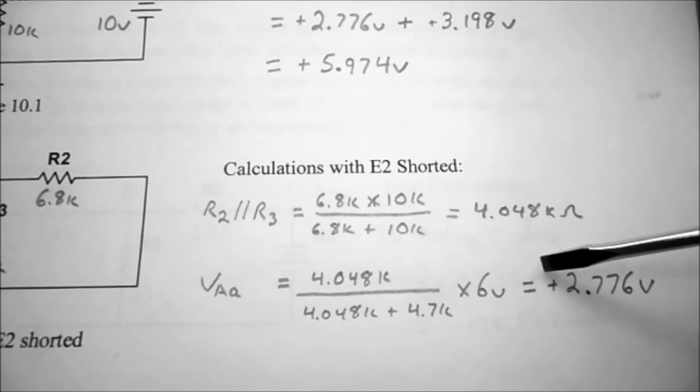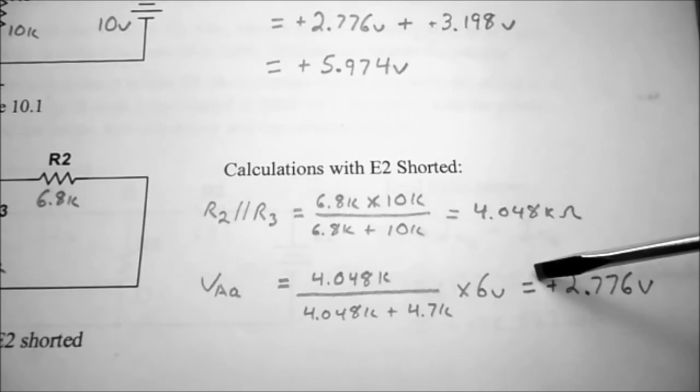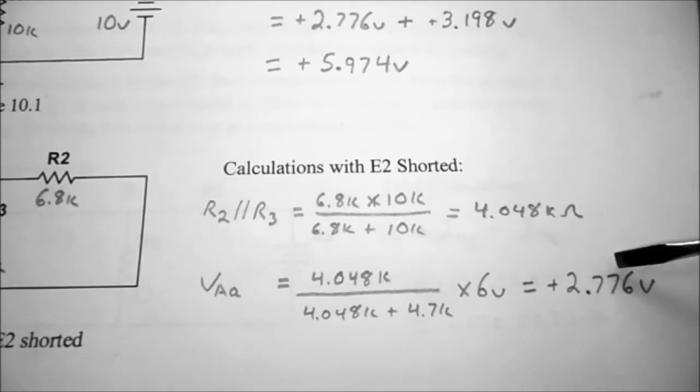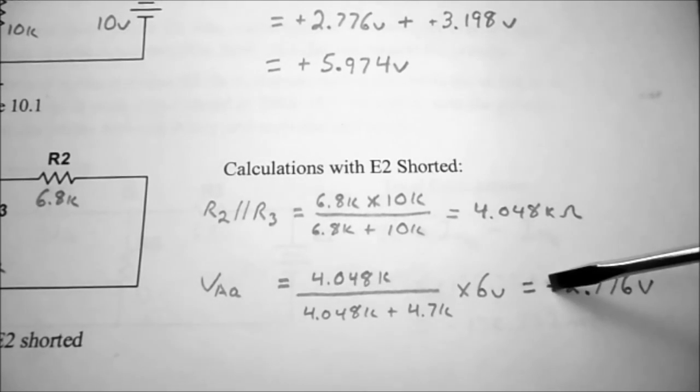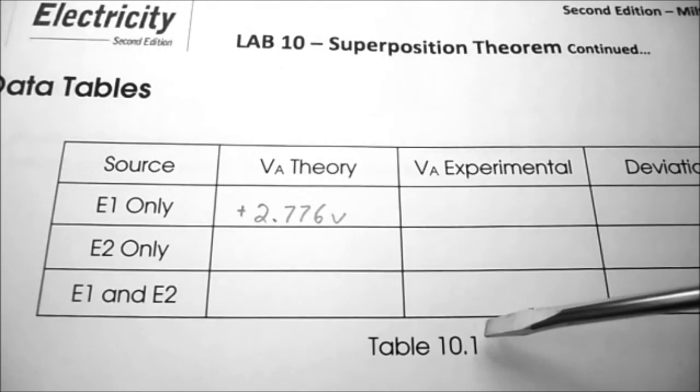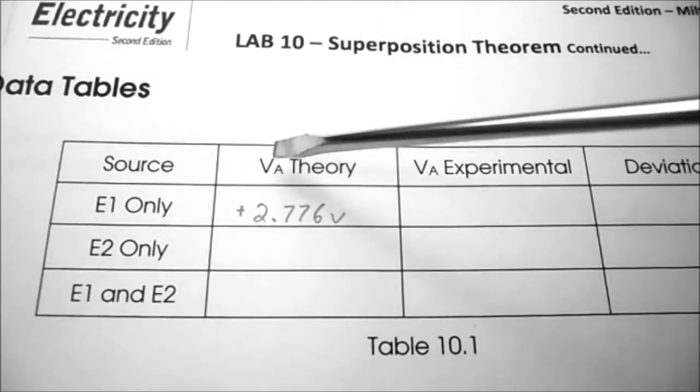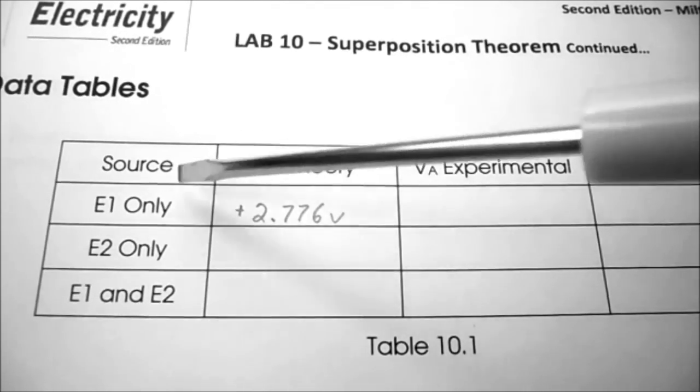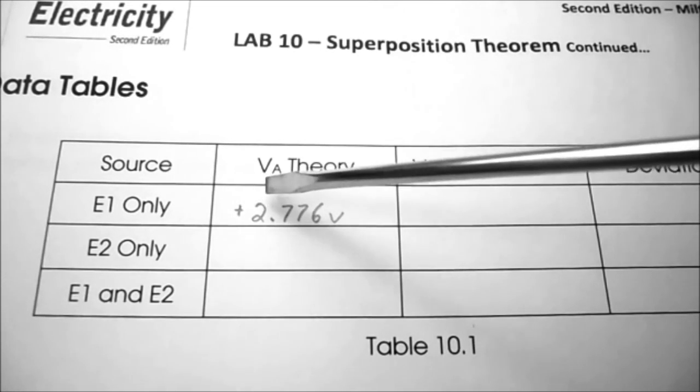So the voltage at A is going to be 2.776 volts, and please put in the plus sign. So in table 10.1, under VA theory, E1 only, I record plus 2.776 volts.